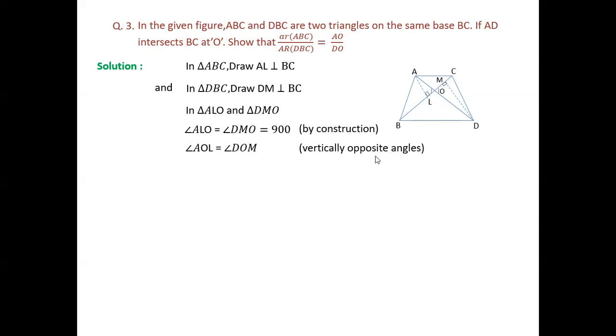They are vertically opposite angles. So that means this angle is equal to this and this is equal to this. That means by AA criteria, these two should be similar. Therefore, triangle ALO and DMO, these two triangles are similar by AA similarity criteria.